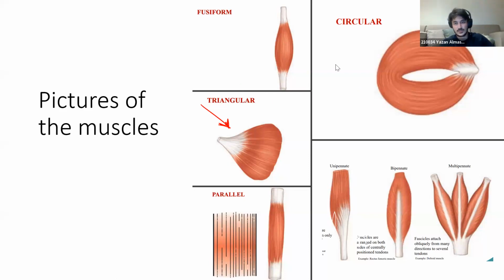Name an example for this muscle. I know the name of the muscle is a bit tough, but you will eventually know it by heart. Okay, perfect. Everyone is getting it.